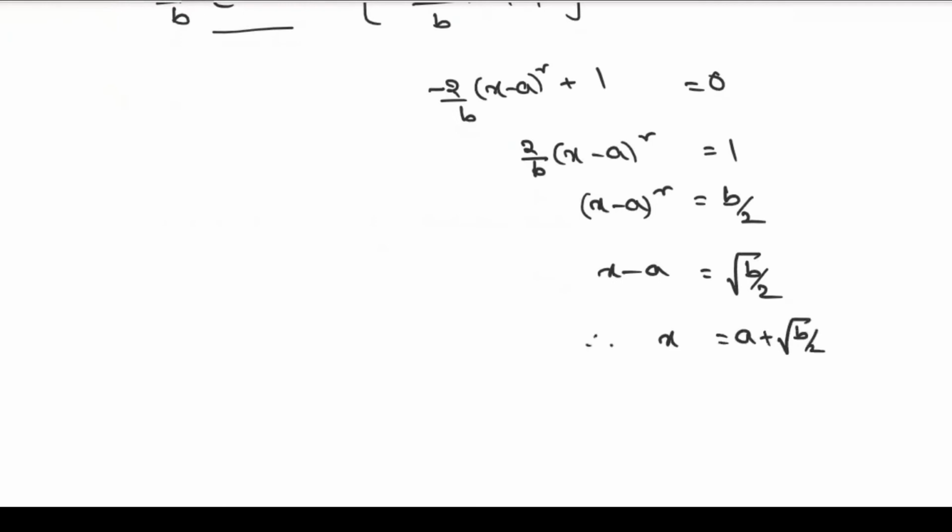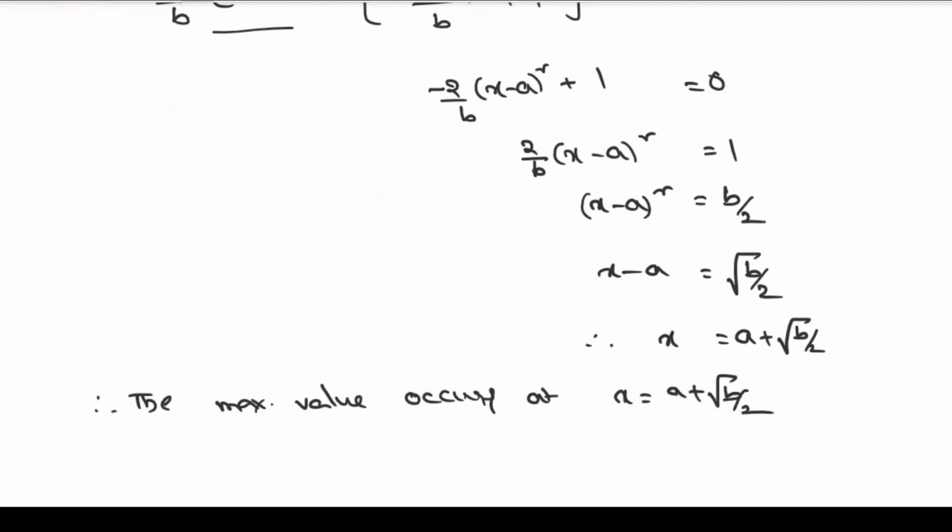So this is the value of x at which you are going to get the maximum value of the Rayleigh probability density function. Therefore the maximum value occurs at x is equal to a plus root b/2.